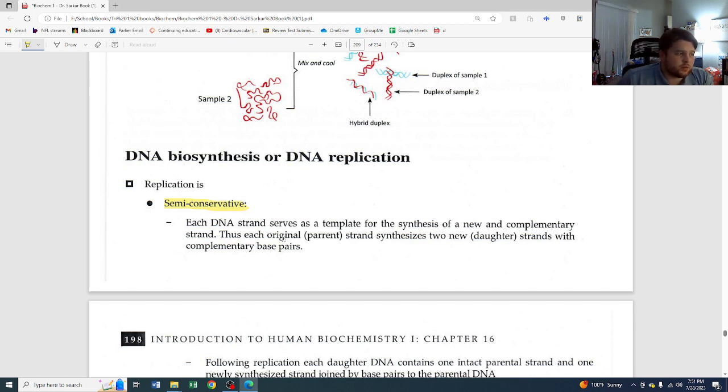Thus, each original or parent strand synthesizes a new daughter strand with complementary base pairs.